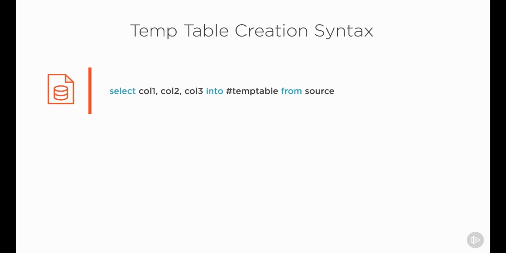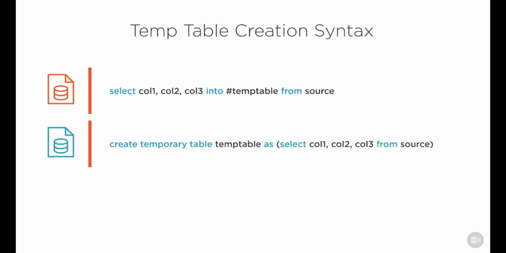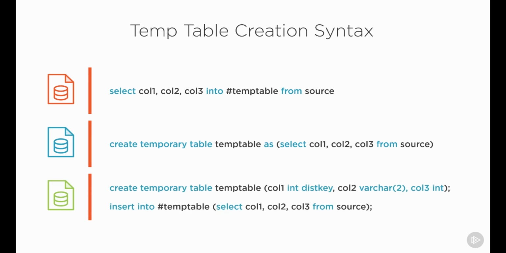There are multiple ways to create temp tables, such as the select into statement, the create temporary table as, or using traditional create table syntax. The last option is going to give you the most control over selecting distribution styles, compression encodings, and specific data types. The first one, for example, select into, gives you almost no control.